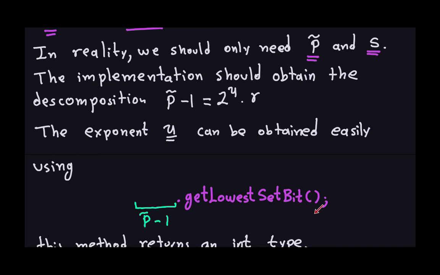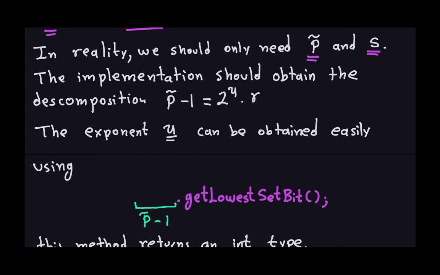But basically what that's doing is, if you have the number written in decimal, that will give you the exponent of the largest power of 2 that goes into p hat minus 1, or whatever number you put in here. So you can put whatever number is here, and that will give you the exponent of the largest power. And this works for big integers, and the output of this will be an integer.